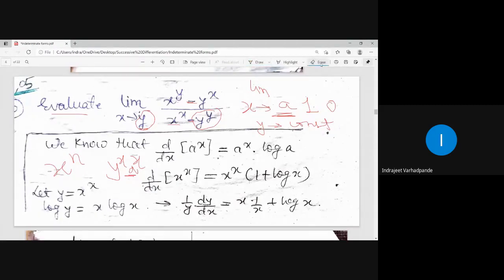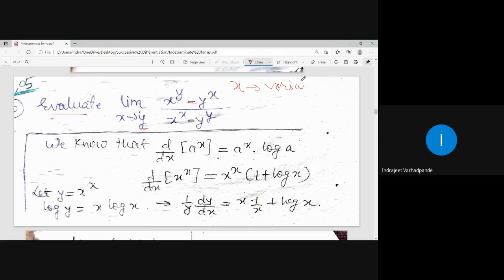Is this point clear to everybody? Yes, sir. For your understanding, write down: x is variable, y is constant.